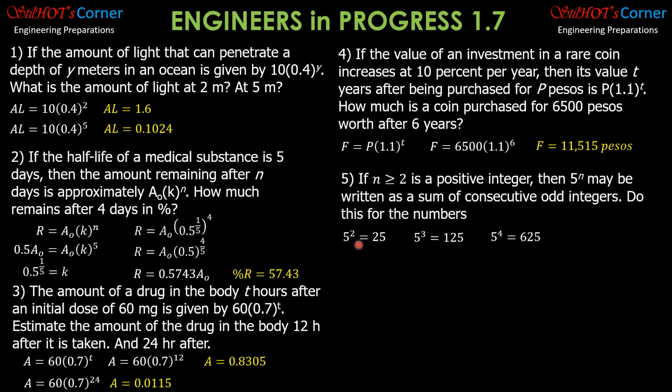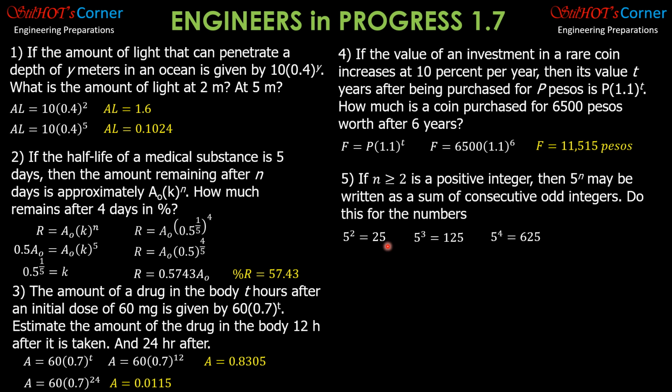So for 5 squared, for 25, if you denote x as the smallest positive odd integer, then the next one is x plus 2, the next one would be x plus 4, x plus 6, then x plus 8.